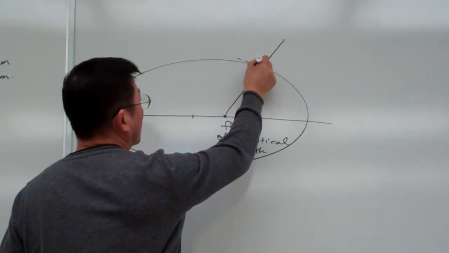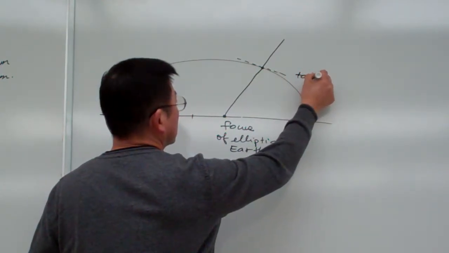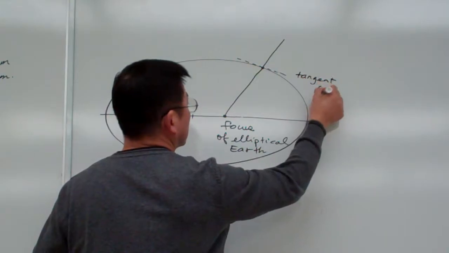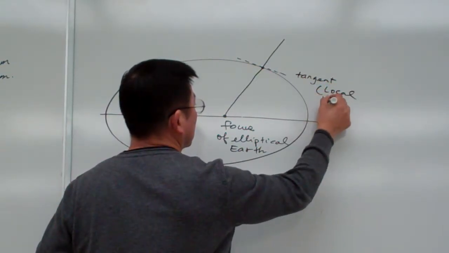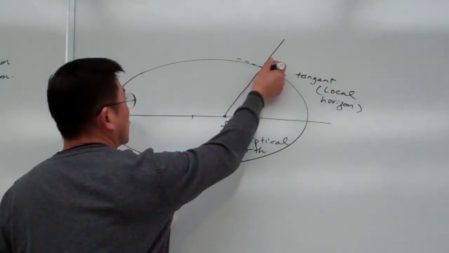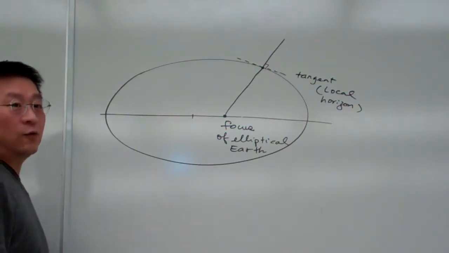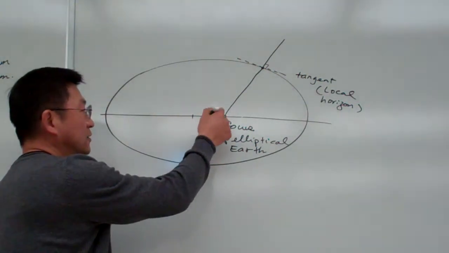So this is the local horizon here. So this is the normal. And in reality, what we measure as our latitude is from here.